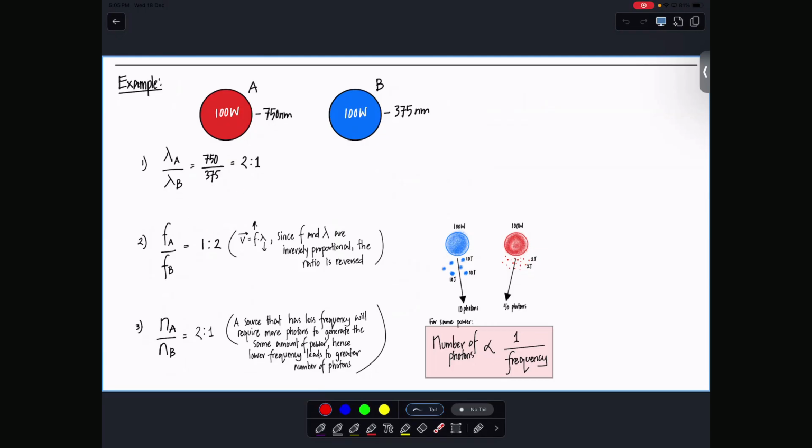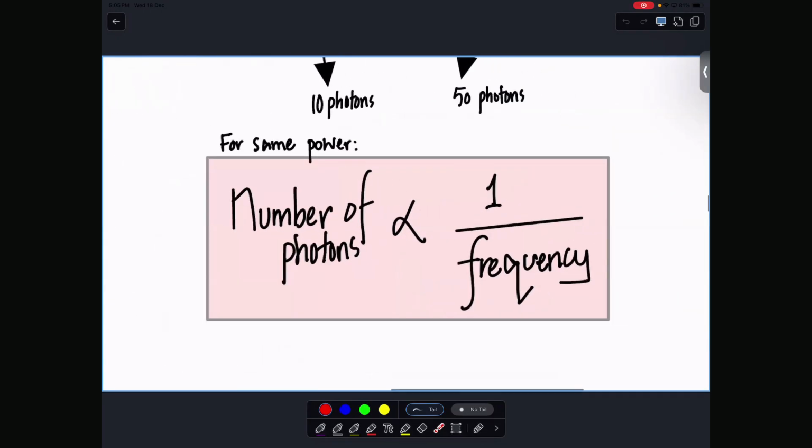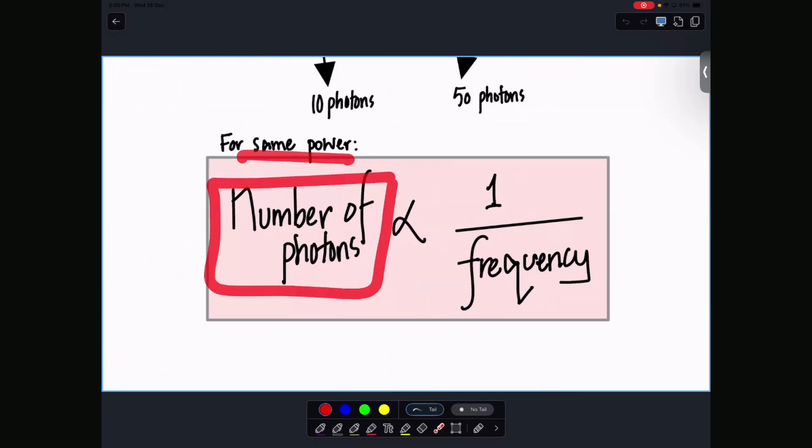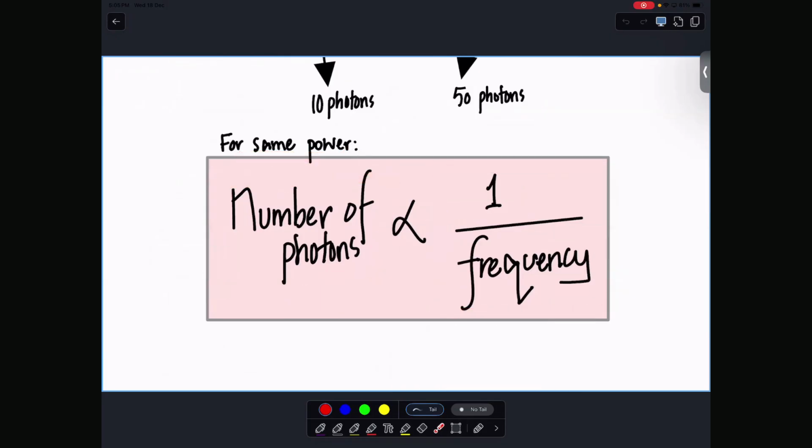So we can find that the number of photons follows a ratio the same as wavelength and inverse to your frequency. So this relationship is very important. For the same power, number of photons is inversely proportional to frequency. Higher the frequency, fewer the number of photons that are released. Okay.